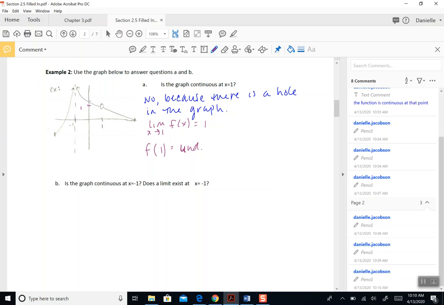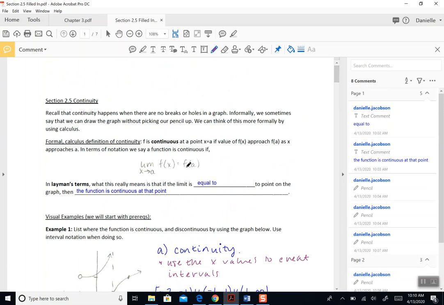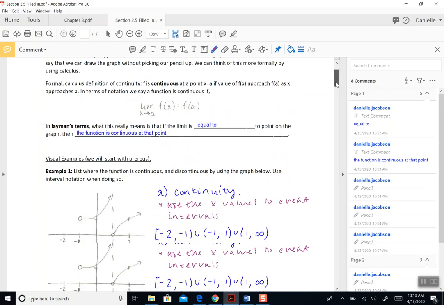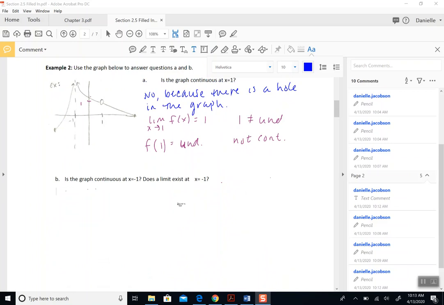Okay, so thinking about this formally, we can see that 1 is not equal to undefined. Right, going back to what needs to be true for continuity, we need the limit to equal that value. They're not equal, therefore this is not continuous. All right, so the next question asks us to look specifically at x equals -1.